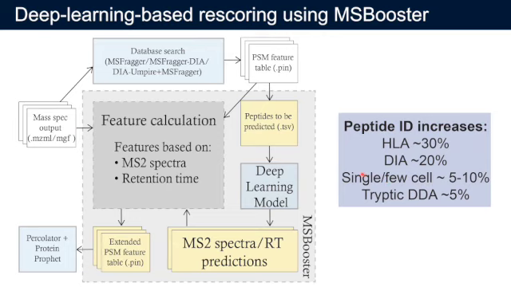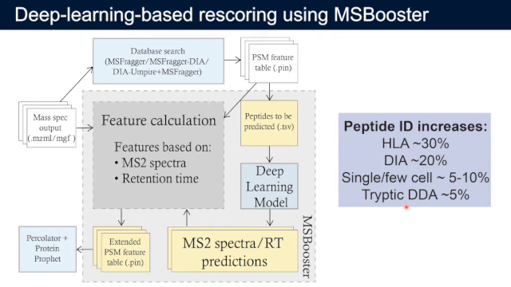Those predicted MS2 spectrum and retention time can be used to calculate additional scores such as the spectral similarity and the retention time differences. Those additional scores, along with the original score from MSFragger, can be used to build a better model to increase the sensitivity. Our experiment shows that MSBooster can increase the peptide ID by 5 to 30% depending on different types of the data types.